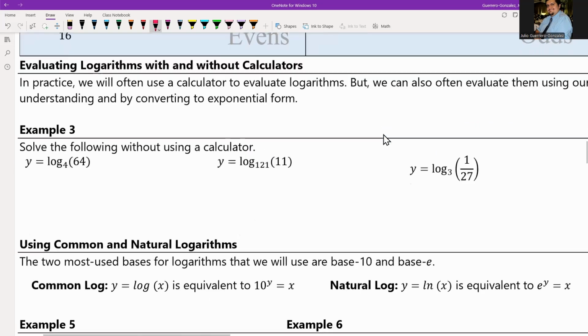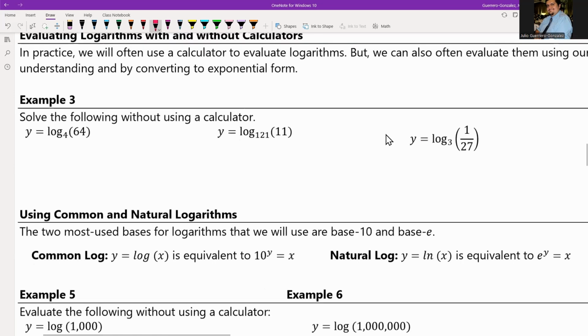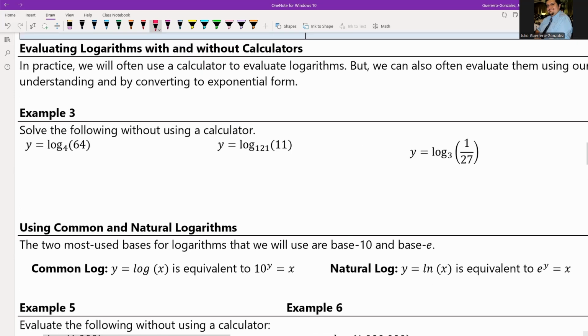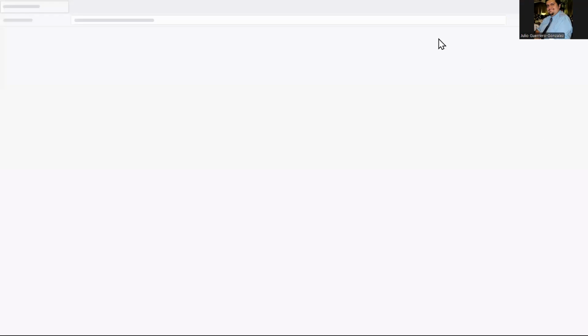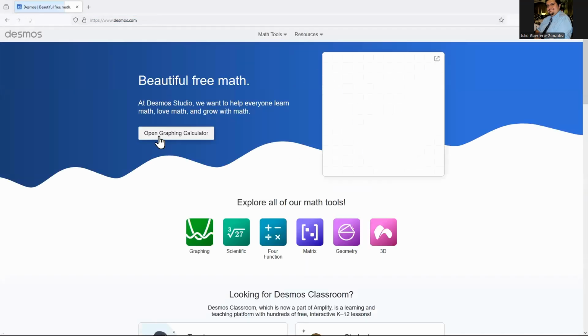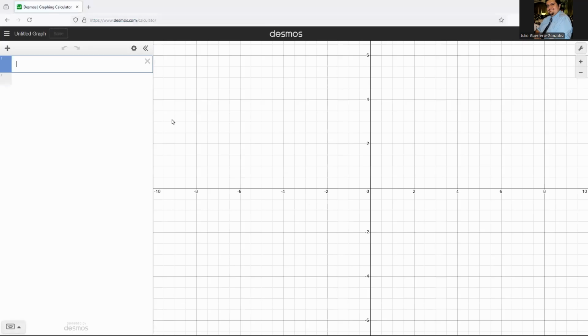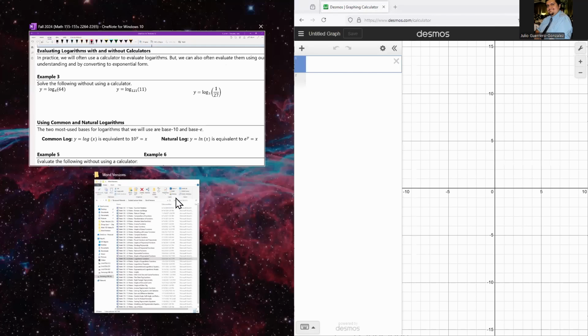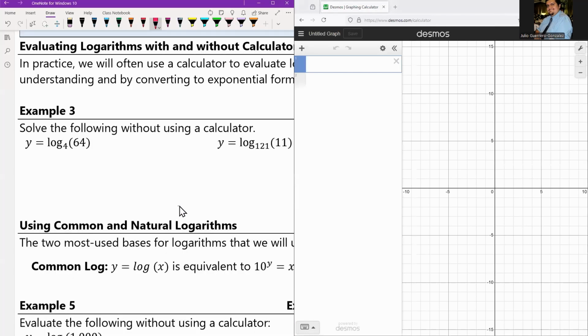Okay, evaluating logarithms with and without calculators. Logarithms are going to be done for sure by calculator, nearly always. Unless you know as much math as I do, there is no way to compute a logarithm by hand.